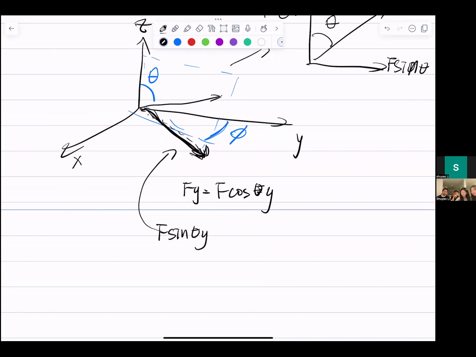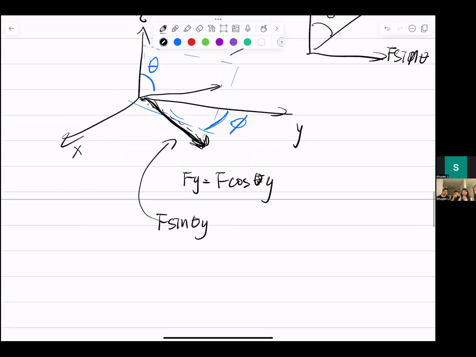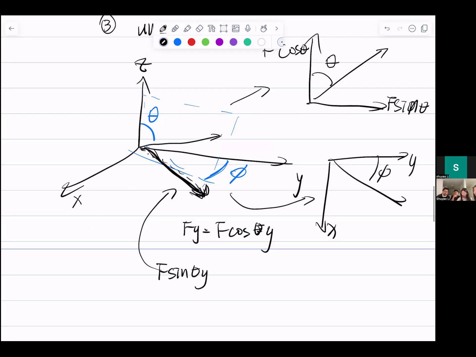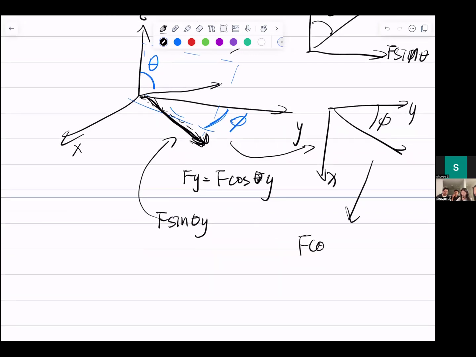And then if we want to know its relationship to the xy plane, what should we do? I think you should resolve it using the cosine as well. So for the y direction it's going to be F sine theta y, and then cosine phi.